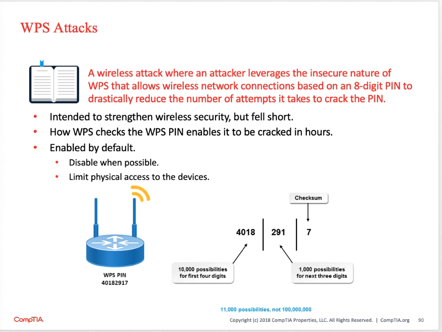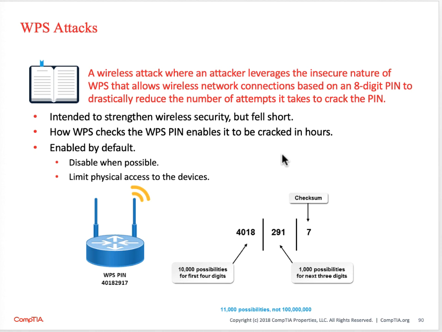The way WPS checks itself is to check each half of the PIN, so it only takes a few thousand guesses to successfully crack that PIN. It's not going to take long. I think the tool comes freely in Kali Linux to do that.